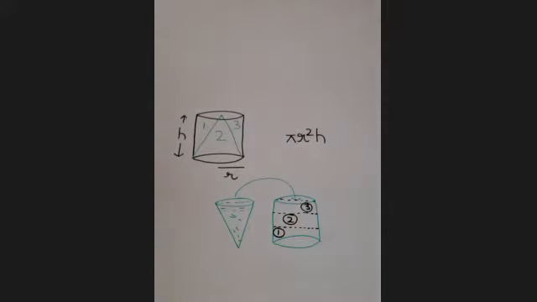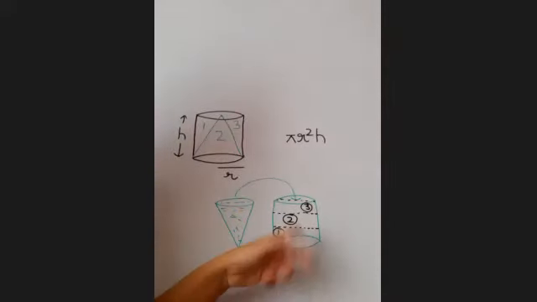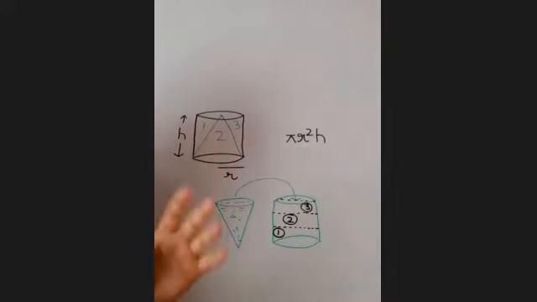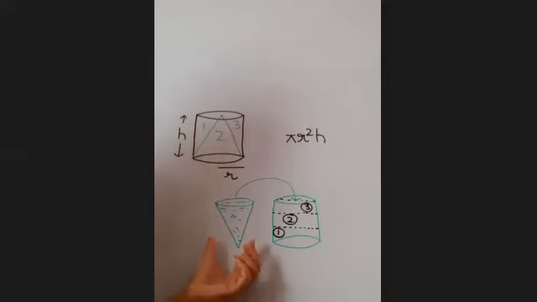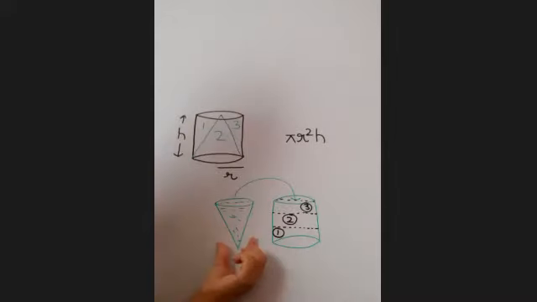So what do we observe from here? How many times did we fill the cone to fill the cylinder? 3 times. According to you, is the volume of the cone greater or the volume of the cylinder? Cylinder.